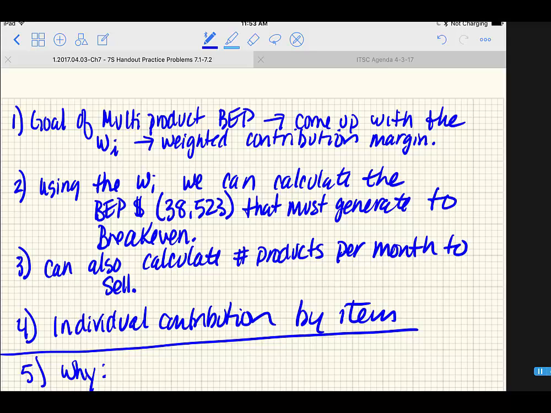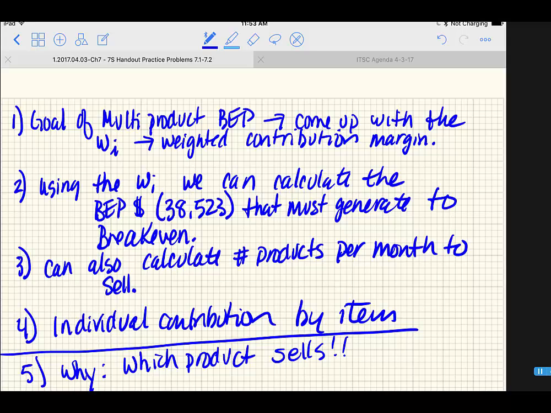Well, it seems like it'd be really useful to know which products are contributing the most to your bottom line and which aren't. Which are your money makers? So it tells us which product is our money maker. Which product sells. So, you know, it's useful. So I hope you found this helpful.